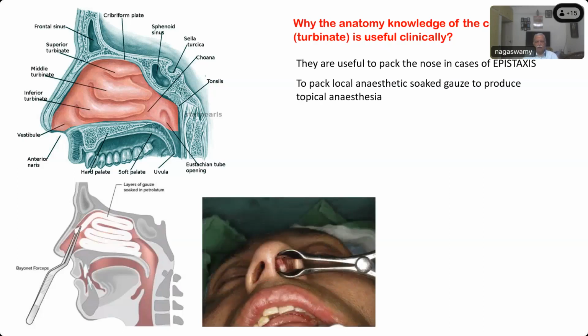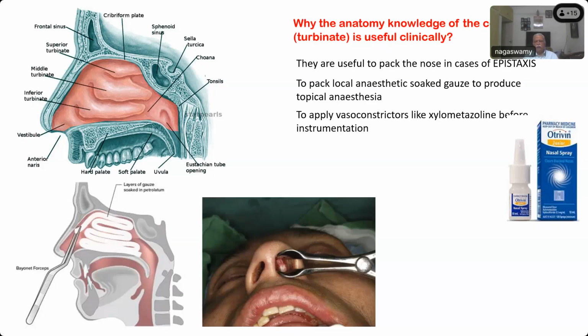And what is this instrument that is being used to pack the nose? This particular instrument. Thudicum speculum, sir. This is a speculum, a nasal speculum. Very good. So we can see the gauze has been kept inside and pressurized. So this is one of the ENT instruments which is used for better visualization. And you can apply vasoconstrictors like xylometazoline before instrumentation.